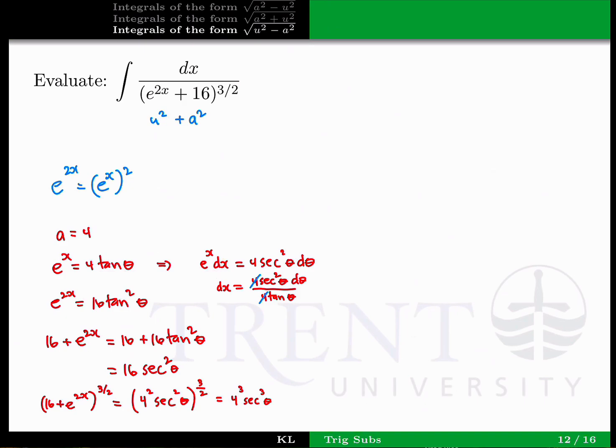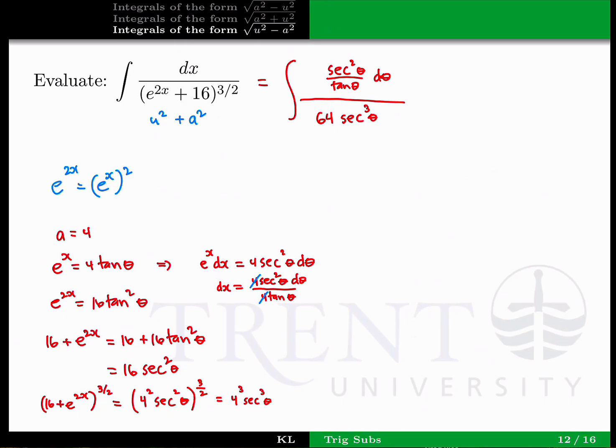So if we substitute now to the original integral, we got here the integral of dx, that will be secant squared theta over tangent theta d theta. On the denominator, you have 4 cubed. 4 times 4 is 16, times 4 is 64, so we have 64 in here. Then we have secant cube theta.